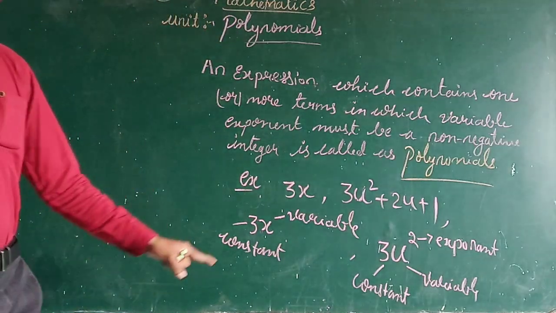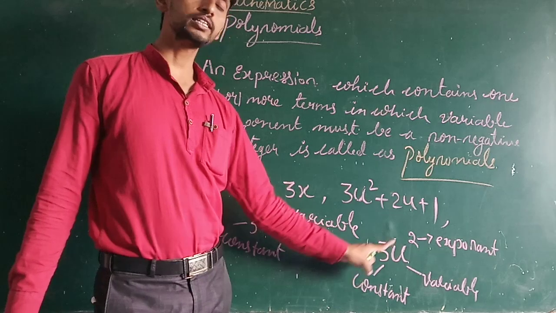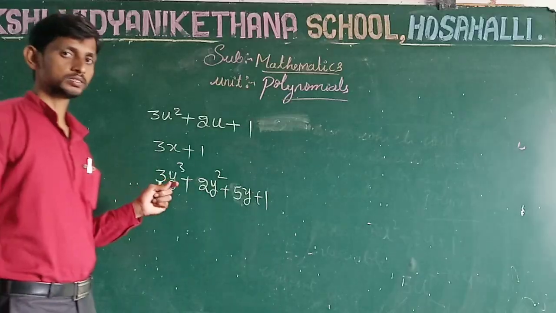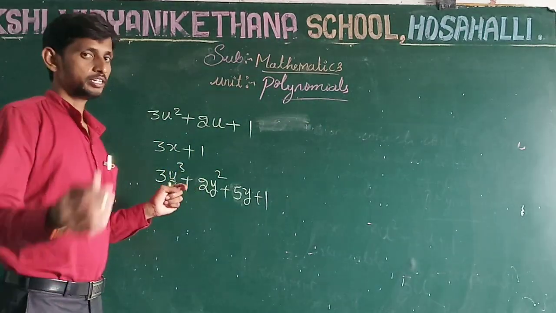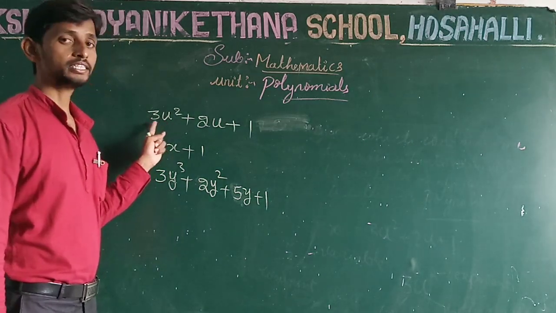See, it's a combination of a variable, constant and exponent. As I told, a polynomial is a combination of a variable, constant and exponent.